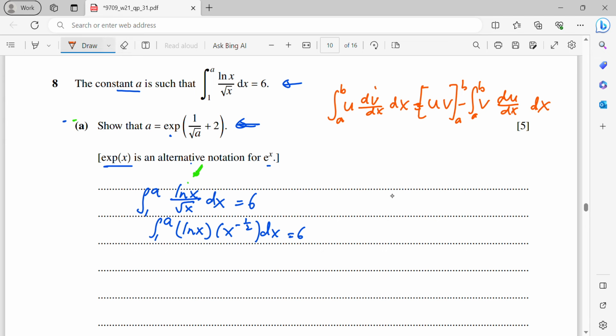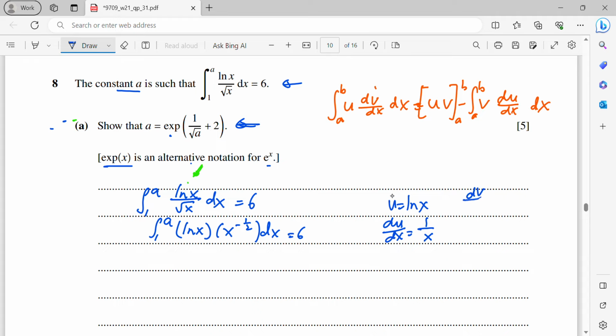Now how do we decide which one is the u? The u is always the ln. If you don't have ln, then the u will be the algebraic term. So now your u is going to be ln x. Therefore, du over dx: whenever you differentiate ln, write down the function after the ln in the denominator, and the numerator is the differentiation of the denominator. So when you differentiate x, it is 1.